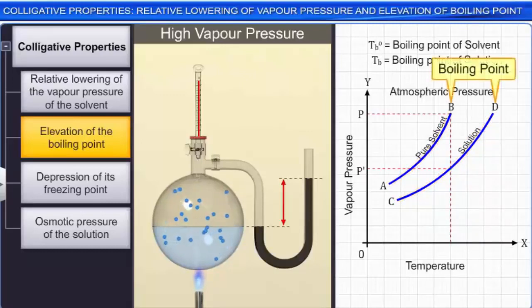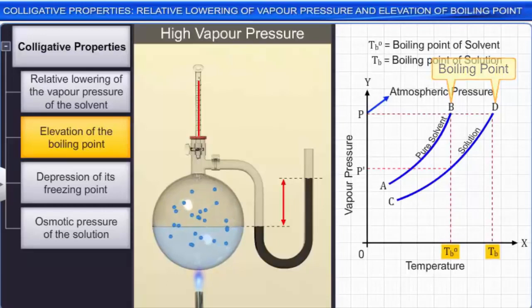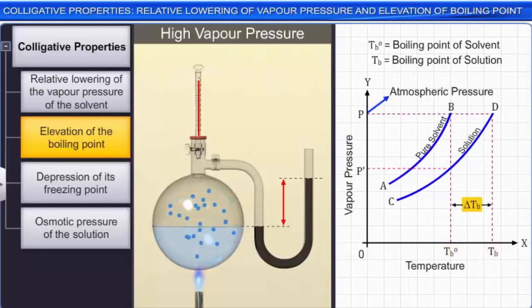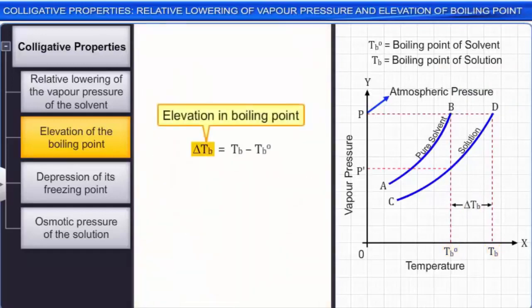The temperatures at which the vapor pressure of the solvent and the solution become equal to the atmospheric pressure are TB⁰ and TB respectively. The difference, TB − TB⁰, is represented by ΔTB and gives the elevation in the boiling point of a solvent in solution.